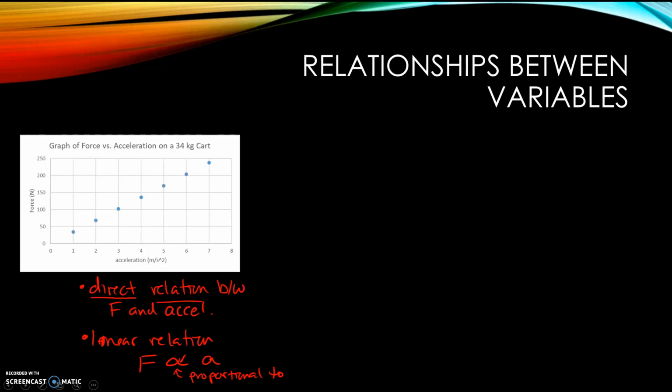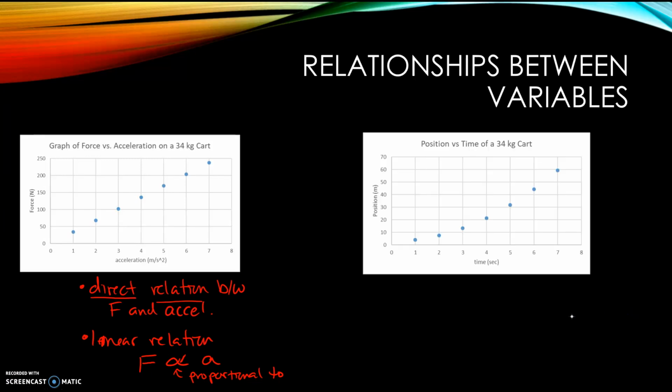Okay, now we can look at another graph, and this one is position versus time, and we see in this graph that as time increases, the position's increasing as well. But it's not the same as the one over here on the left. This one curves. Okay, so we would say that this is a nonlinear relation.